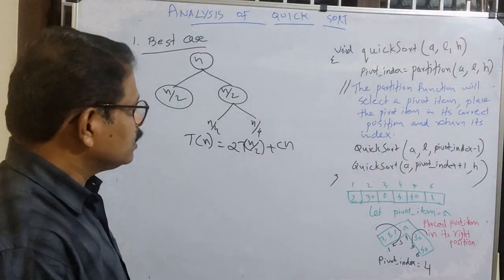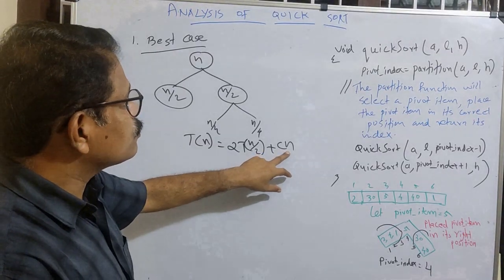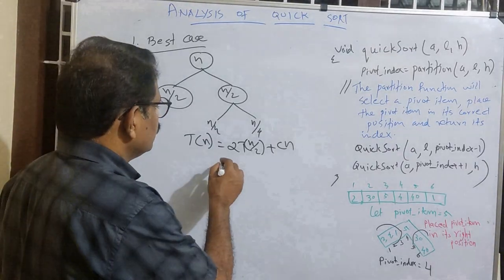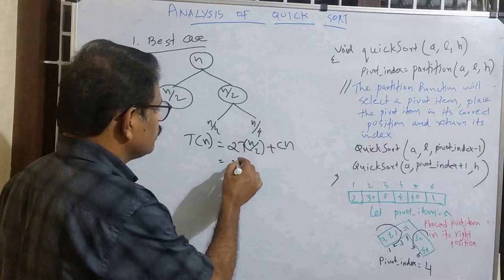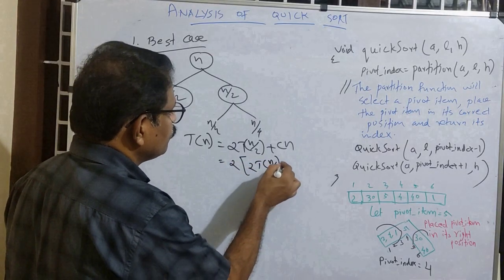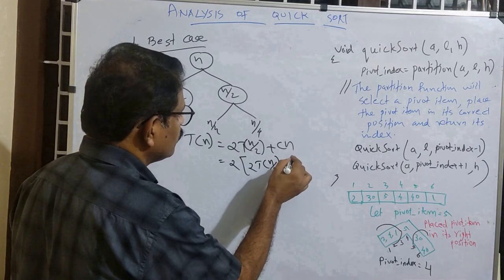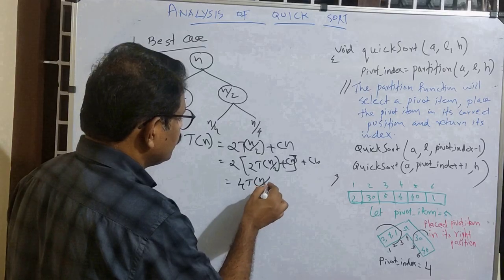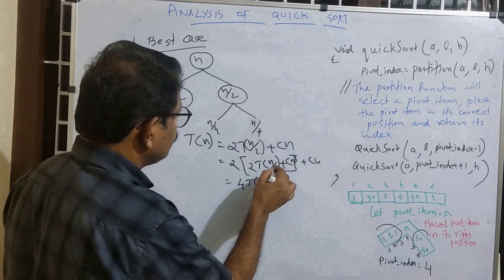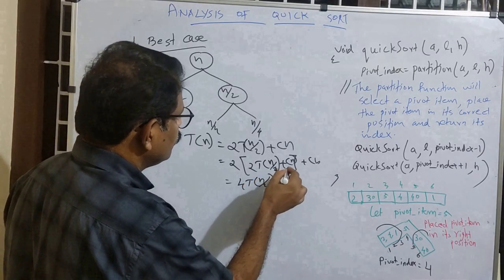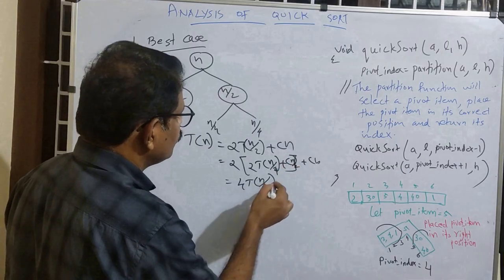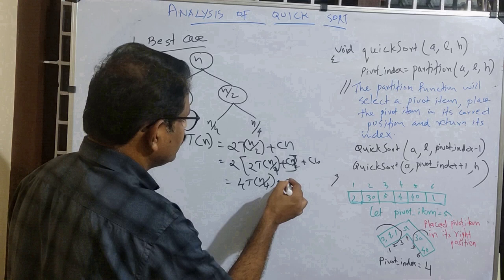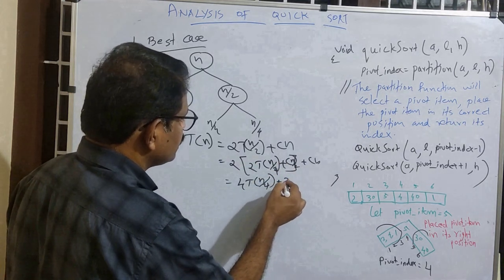Here Cn is the cost of doing this partition, which plays the role of the merging cost in merge sort. Following the iterative method, it will be 2 into [2T(n by 4) plus Cn by 2] plus Cn, which is 4T(n by 4) plus Cn plus Cn, that is 4T(n by 4) plus 2Cn.